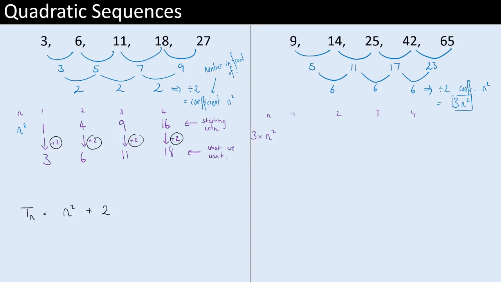So, n squared: 1 squared is 1, times it by 3 is 3. 2 squared is 4, times it by 3 is 12. Third term, 3 squared is 9, 9 times 3 is 27. Fourth term, 4 squared is 16, 16 times by 3 is going to be 48.